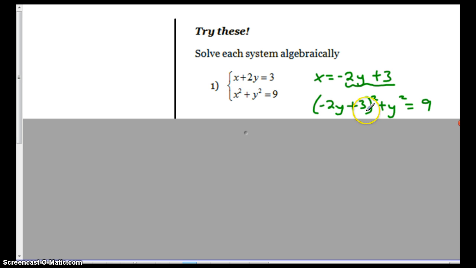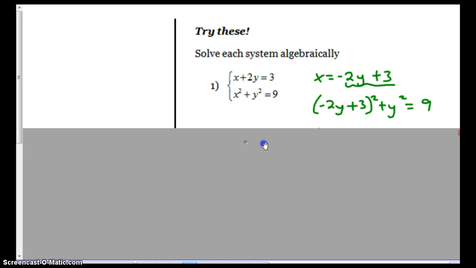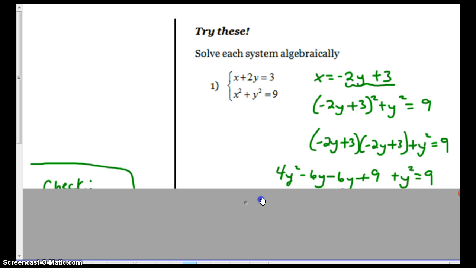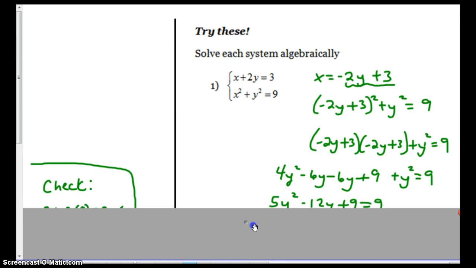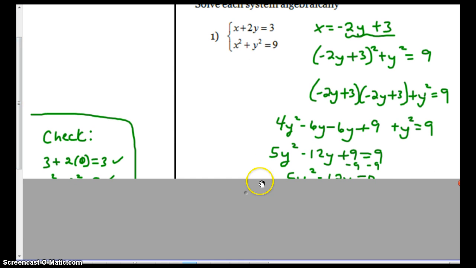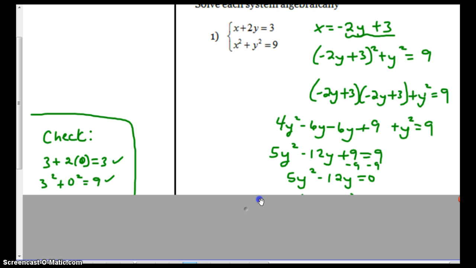So we have (-2y + 3) squared plus y squared equals 9. When I FOIL that out, I end up with 4y squared minus 12y plus 9 plus y squared equals 9. Then when we set the quadratic equal to 0, you end up with 5y squared minus 12y equals 0.